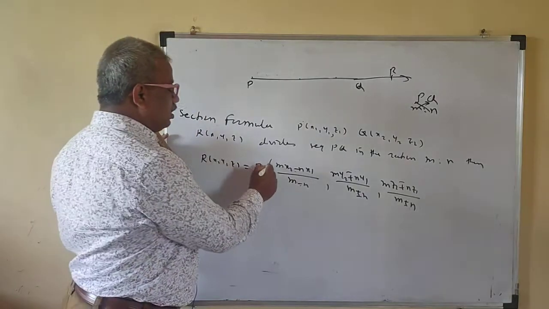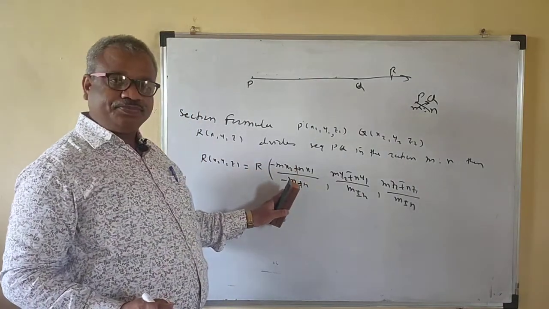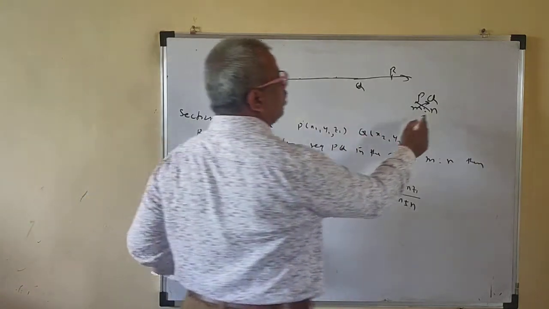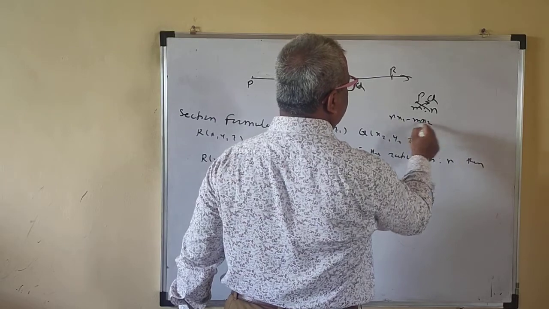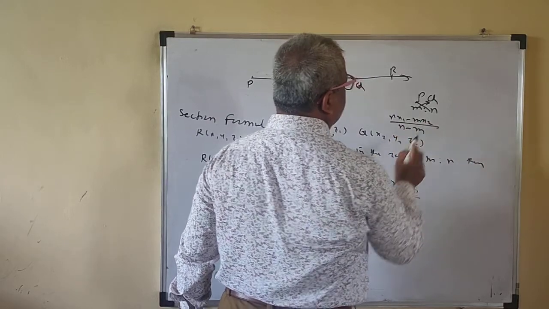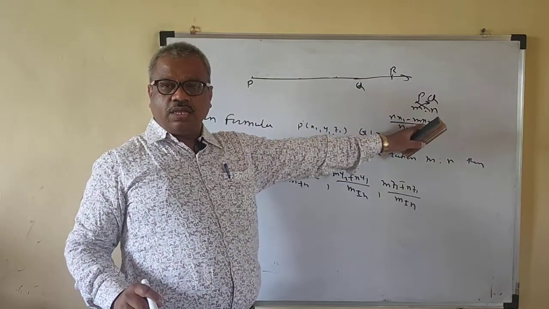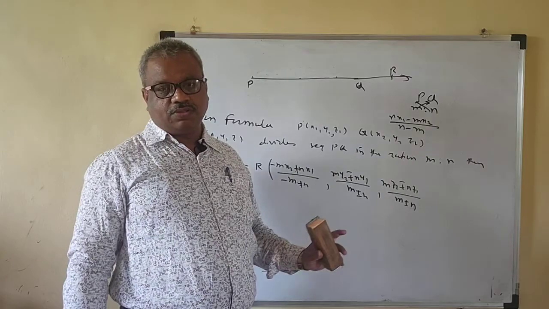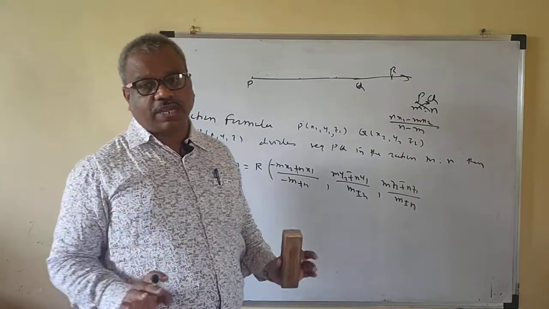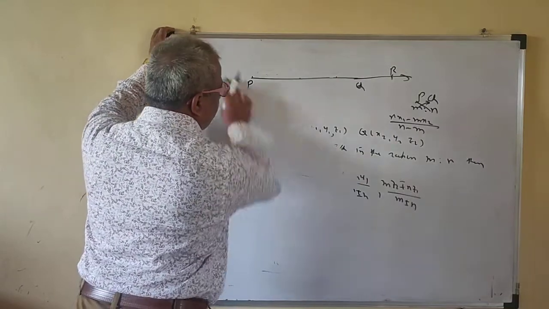You may write the minus for m instead, so you get (n x1 minus m x2) upon (n minus m), because if you give the negative sign to m, the denominator should also have a negative sign for m. For external division we have to use the minus sign. This is the section formula, which you are familiar with.